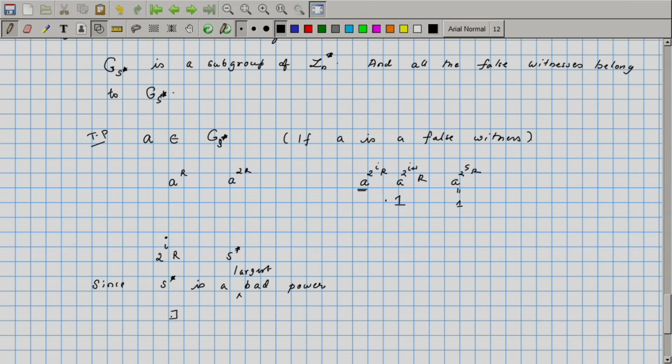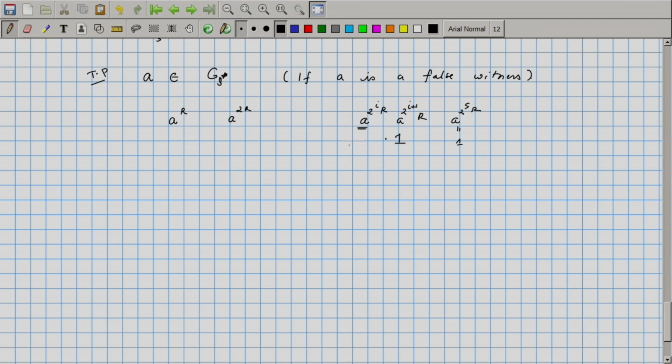We know that there exists an x such that x raised to S is equal to minus 1. This would also imply that for all x, x raised to S plus 1 will not be equal to minus 1.